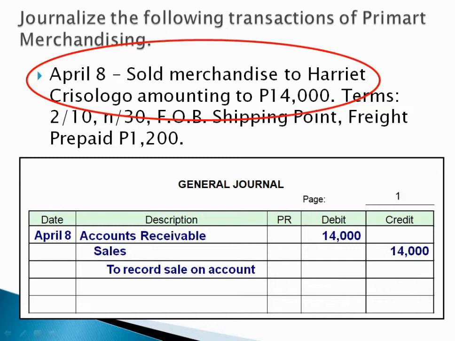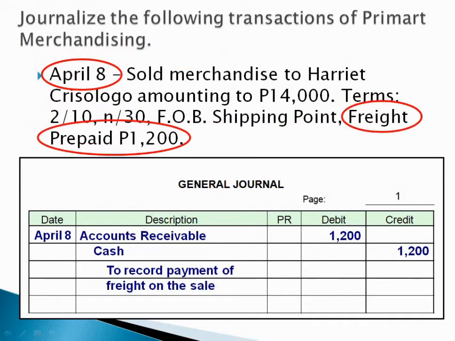The first of which was meant to record the sale where we debited accounts receivable for the invoice price of 14,000 pesos, while the second was to record prepayment of the freight on the sale where we made another debit to accounts receivable in the amount of 1,200 for a total accounts receivable from Harriet of 15,200. That is 14,000 plus 1,200.